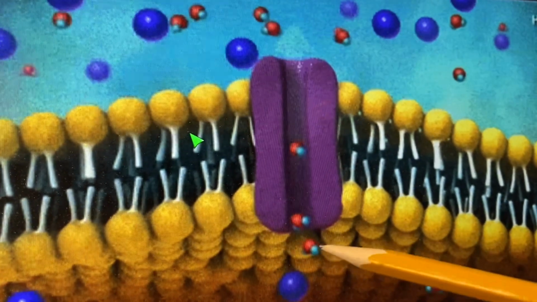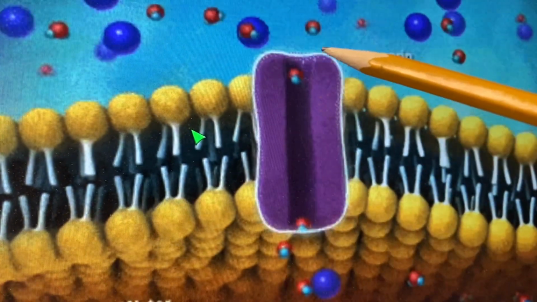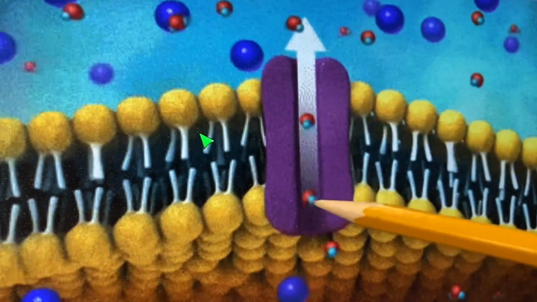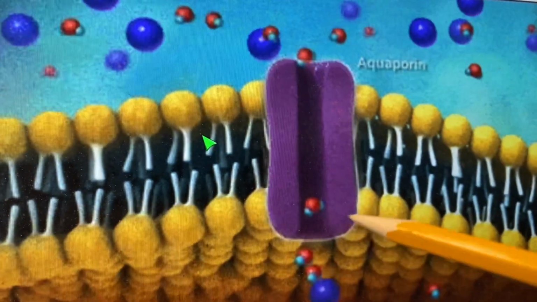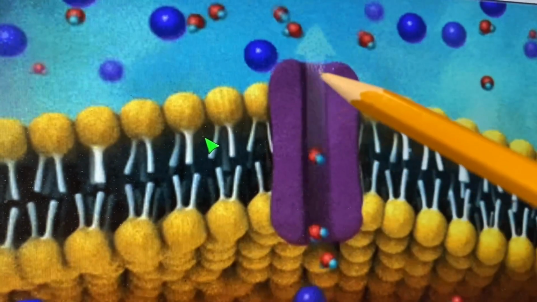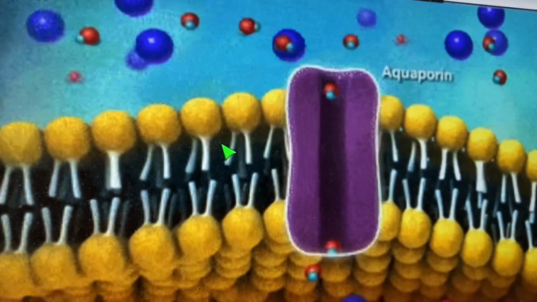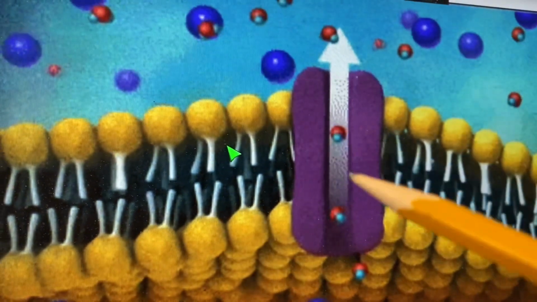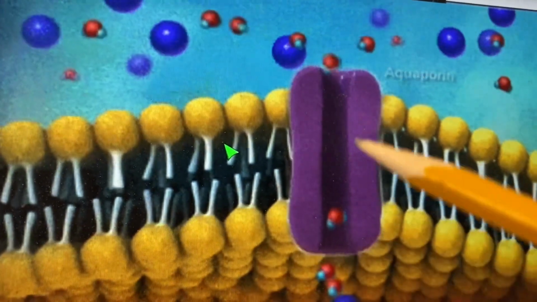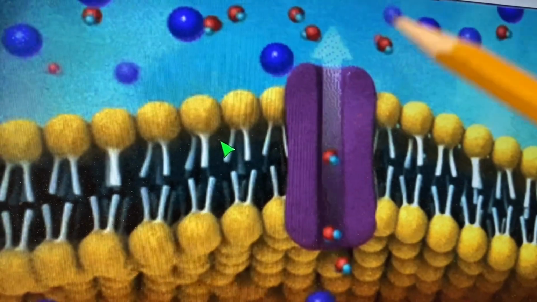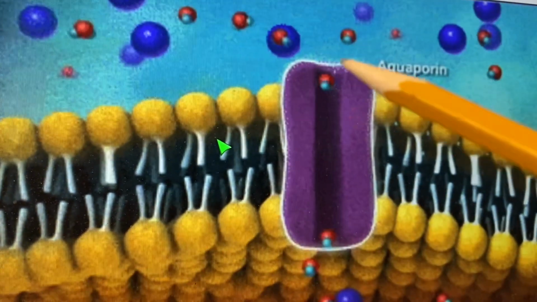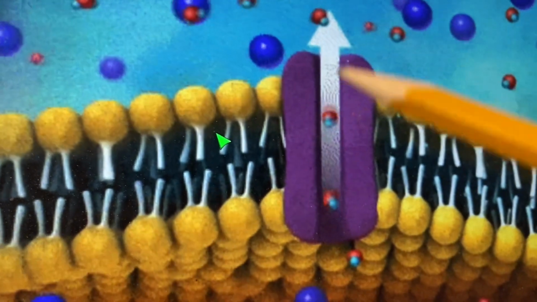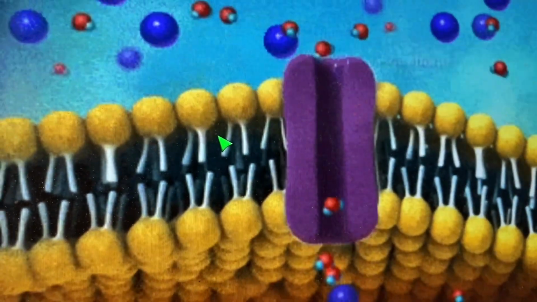Water moves through aquaporins, which are proteins that are basically just channels for water to get through. The movement of water is called osmosis, and we're going to learn about how water moves compared to solutions on either side through osmosis. But when water moves by osmosis, it goes through an aquaporin channel.